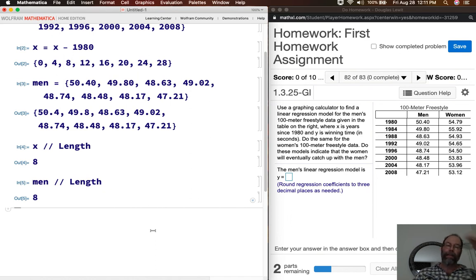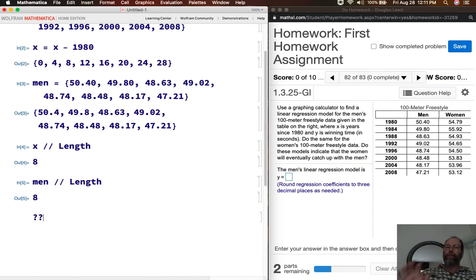Let me think for just a moment. The easiest for you guys at this point might be LinearModelFit. There are many ways of doing this, but let's use LinearModelFit.